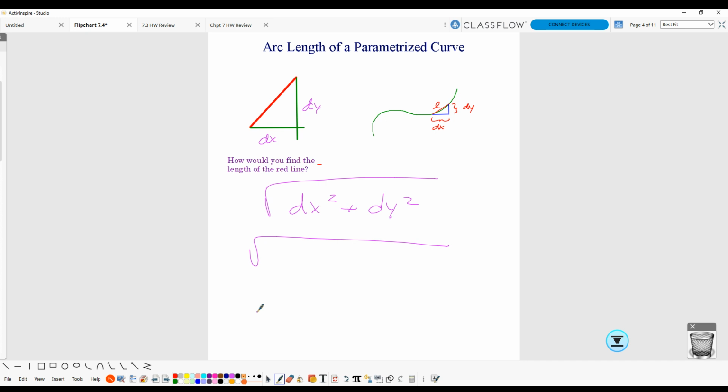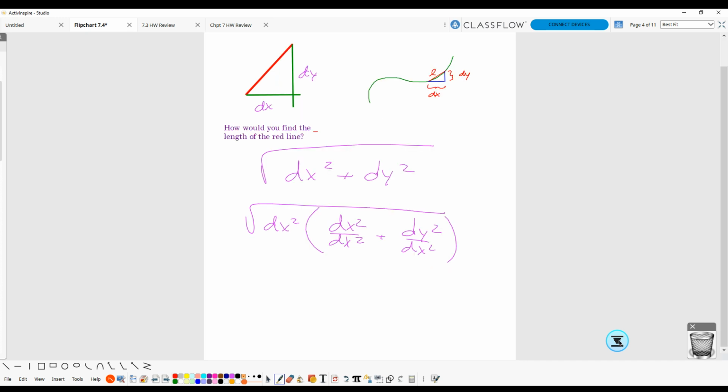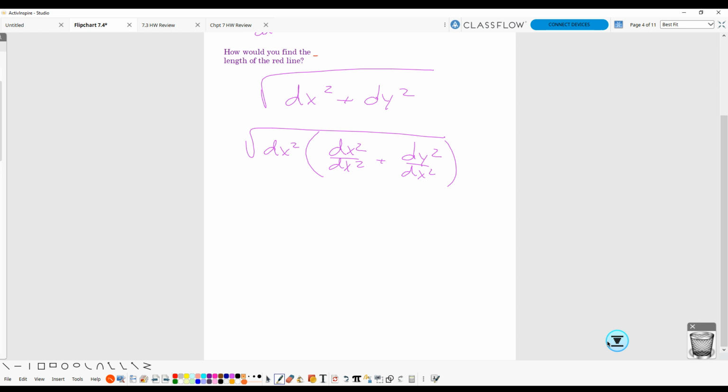Okay, well, hang on. I'm factoring dx squared out of a place where it did not exist. It's just a little strange.